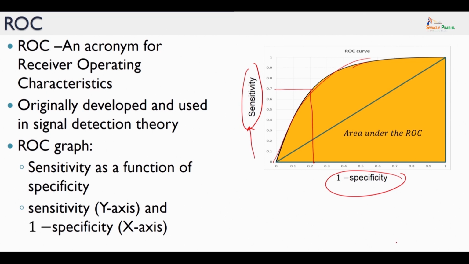So, the specificity is 0.78, because 0.22 is 1 minus specificity. The way to think about this is that the best specificity point is actually this, because 1 minus specificity being 0 tells me specificity is 1. So, this is the best point for specificity, but it is the worst point for sensitivity because sensitivity is 0. Now, as you try to push your sensitivity to be more and more, if you are sitting on this curve, you are going away from the best specificity point.